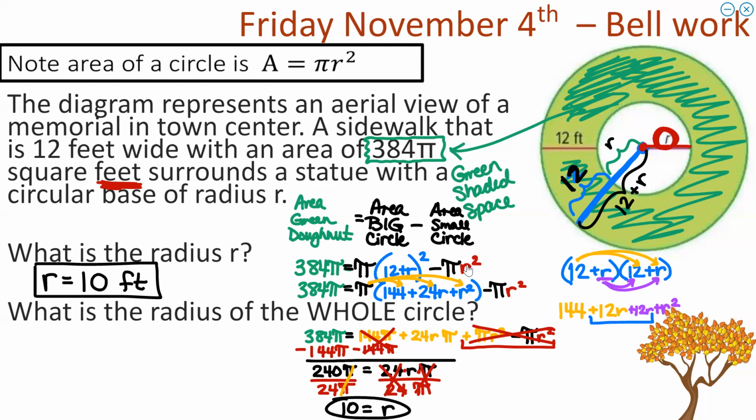Seeing lots of really good work as I'm walking around. If you got a 0 there, you can just leave that piece out. Because you're right, those would be like terms and then you could combine them. What you have is correct.